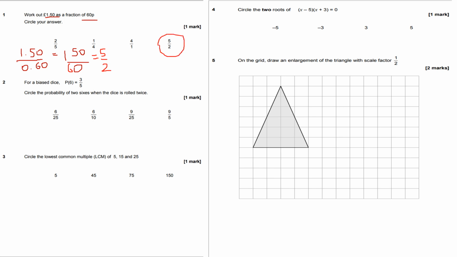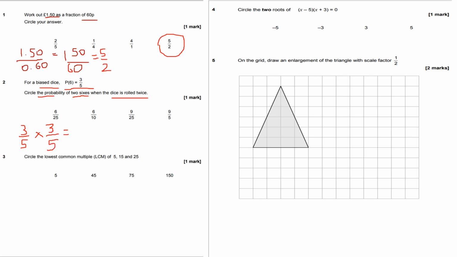Question number 2. For a biased dice, the probability of rolling a 6 is 3/5. Circle the probability of 2 sixes when the dice is rolled twice. So I'm going to do 3/5 times 3/5. These are what I call independent events, which means that the probability of the first outcome does not affect or depend on the probability of the second outcome, and vice versa.